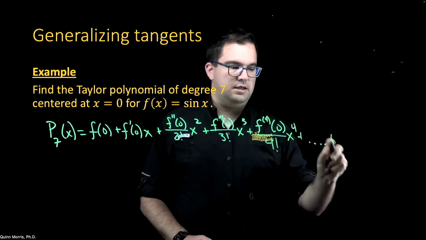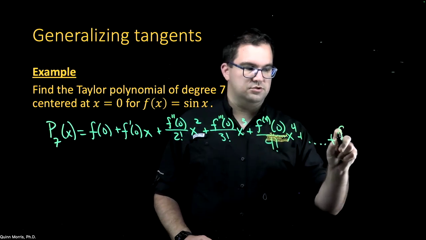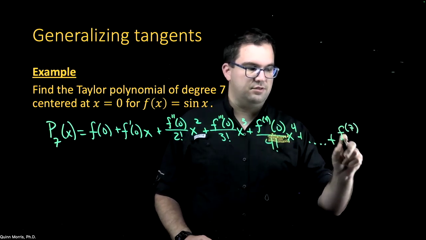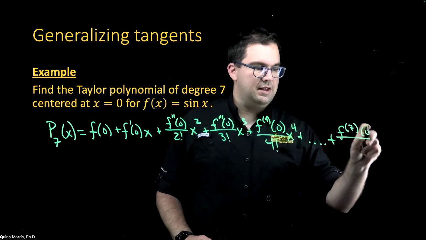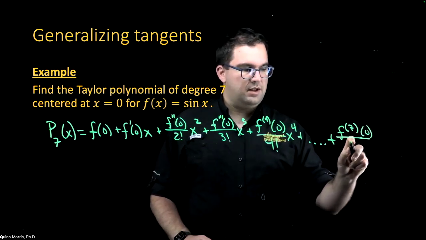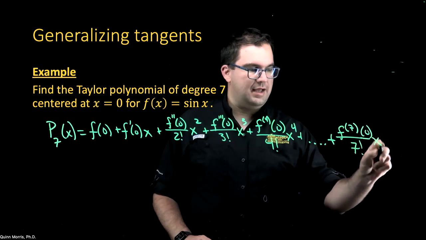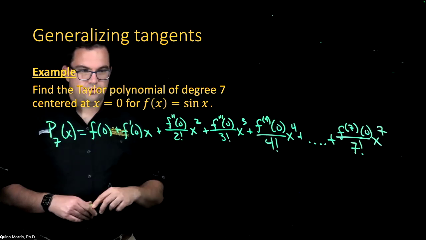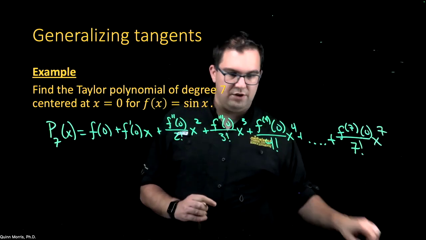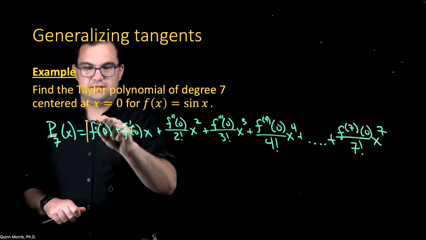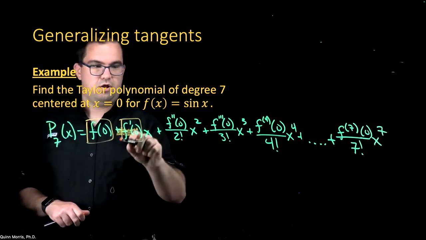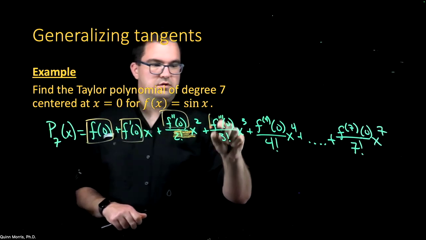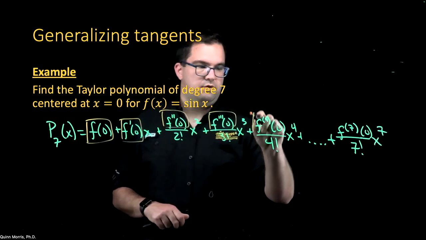And I've written out a number of terms now. You can imagine what happens all the way up to the seventh derivative evaluated at 0 divided by 7 factorial times x to the seventh. So what I see is that in order to come up with this polynomial, I need the function value and all of these derivatives at 0.